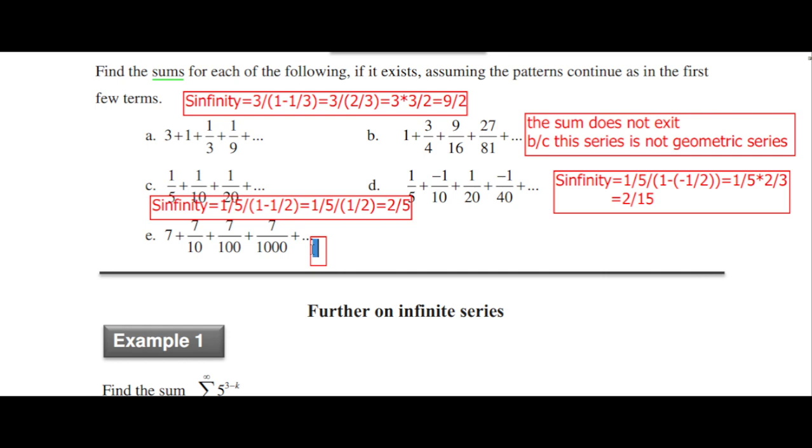So S infinity, let's calculate it. S infinity is equal to the first term 7 over 1 minus r, where r is 1 over 10.